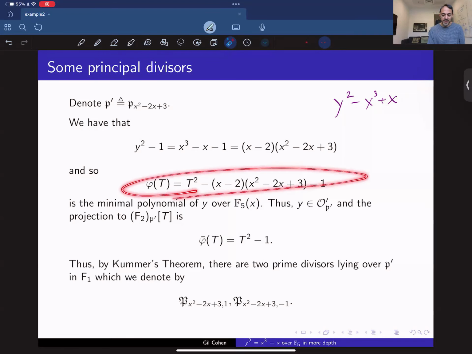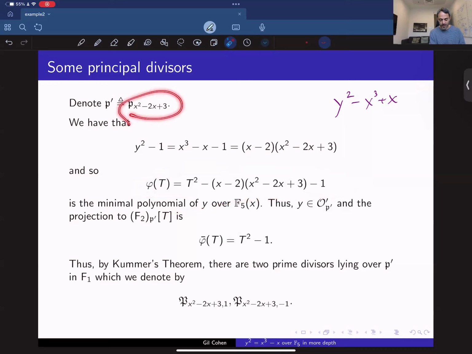I'm just writing it like that so that you can see that we're in a position to apply Kummer's theorem. Because y is in the valuation ring of P prime, Kummer's theorem tells you that you should just project that polynomial to that prime divisor, namely this thing is 0. And when you do that, you get this polynomial, t squared minus 1.